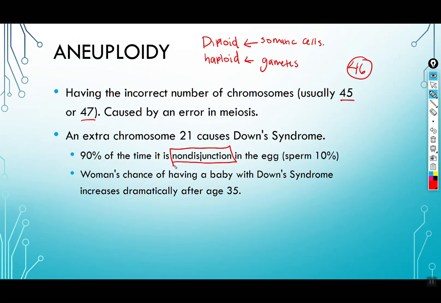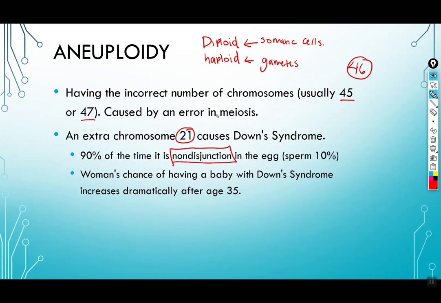90% of the time, in cases of Down syndrome, so this is an extra chromosome number 21, it is non-disjunction in the egg. That is because the proto-eggs in each ovary are all of the eggs that will ever be available to be ovulated by a woman. The stem cells to make more of those pre-eggs go away prior to birth. So each egg that is ovulated represents one chance for fertilization, and once you're out of those, you're out of chances for fertilization.